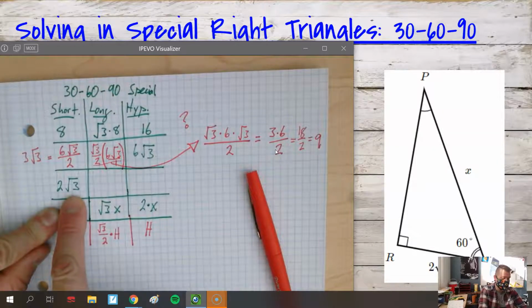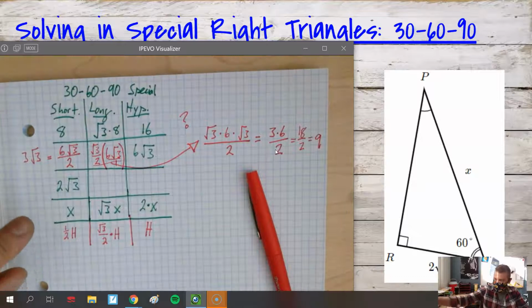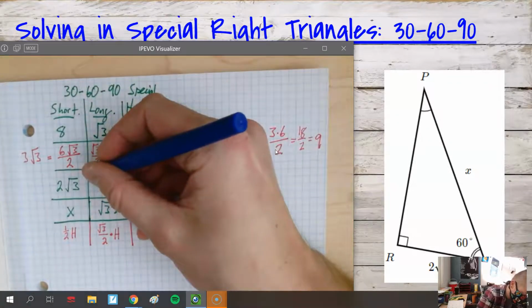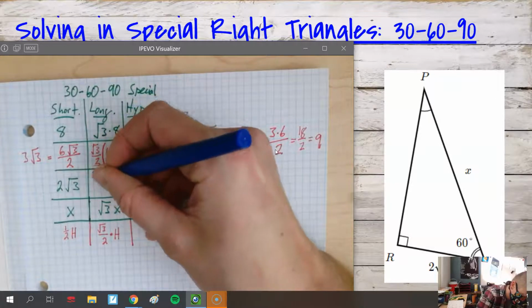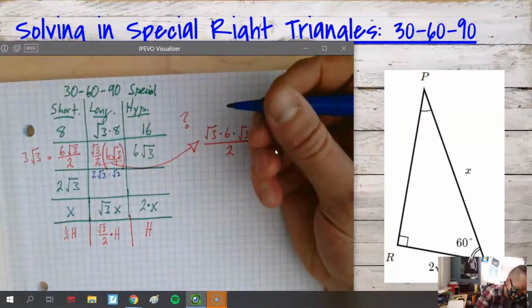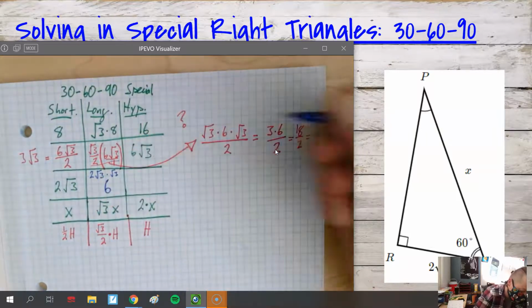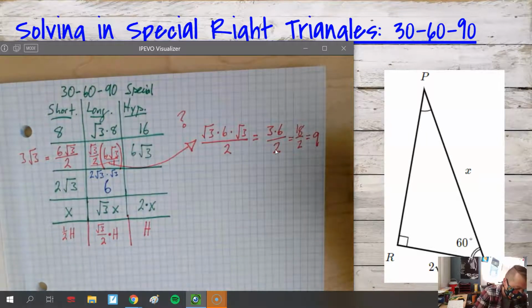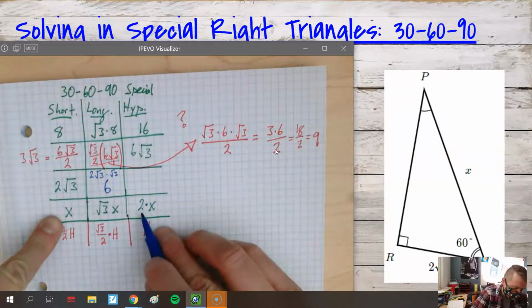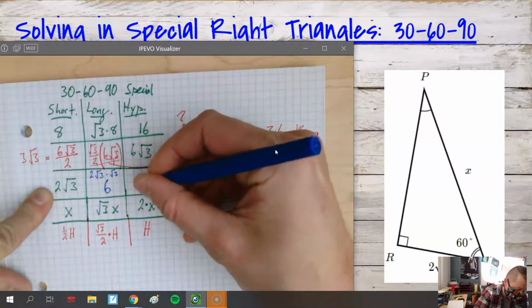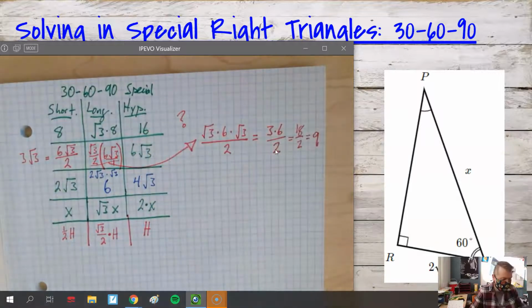So if we multiply by radical 3 here, well, 2 radical 3 times radical 3, what's that going to come out to be? Just 6, right? So that's 6. And then we double to get our hypotenuse, so we just get 4 radical 3.